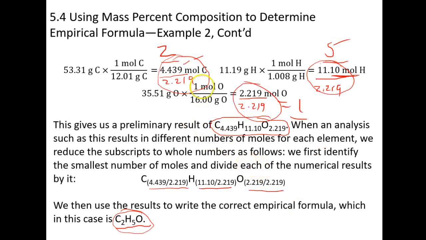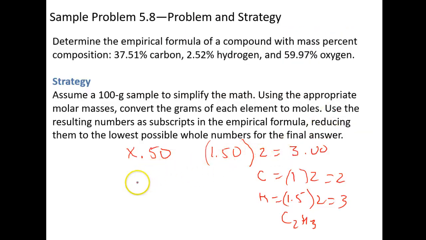So in this case, everything came out to be zeros at the end. Okay, but sometimes these don't come out to be zeros. They could be 1.5 instead. If it's 1.5, everything gets multiplied by the number 2. Okay, the other option is you might have a number with 3, 3, 3, 3, and so forth after it. Well, if this happens, let's say you get 1.333, what number would you multiply to get the next highest number?